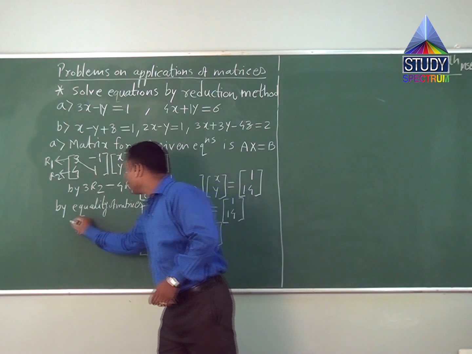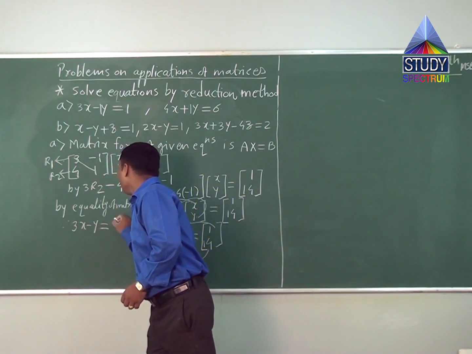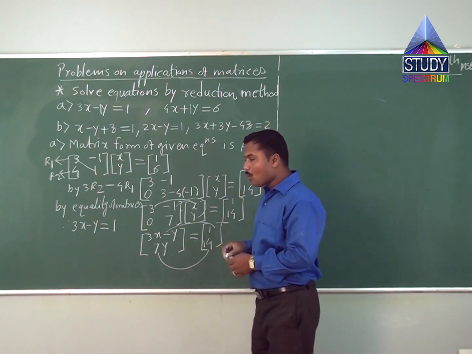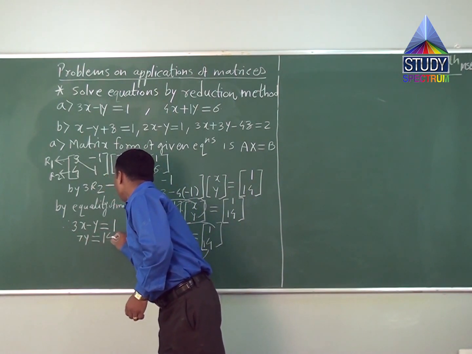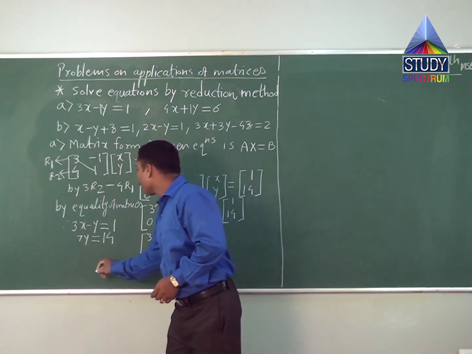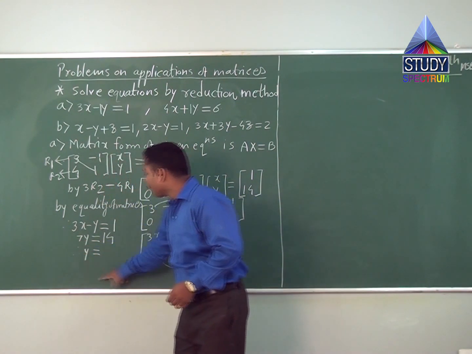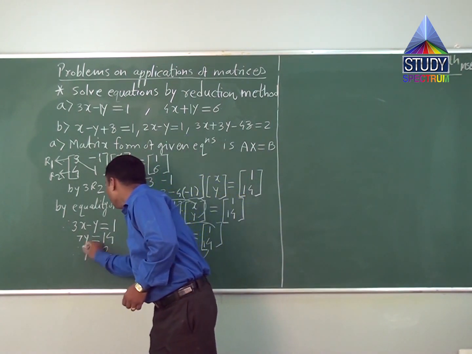Therefore 3x minus y equal to 1 and 7y equal to 14. Therefore y equal to 14 divided by 7, y equal to 2.